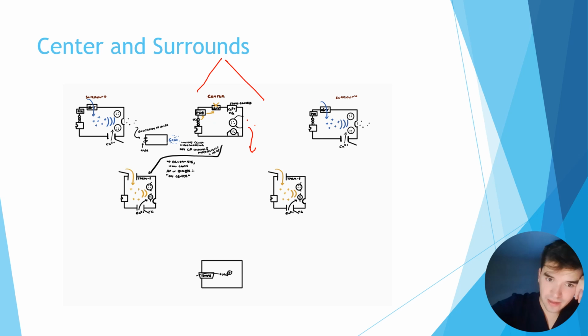But for example, if we were to not have light here, and it were to be dark all across the board, then we would have action potentials being released here.